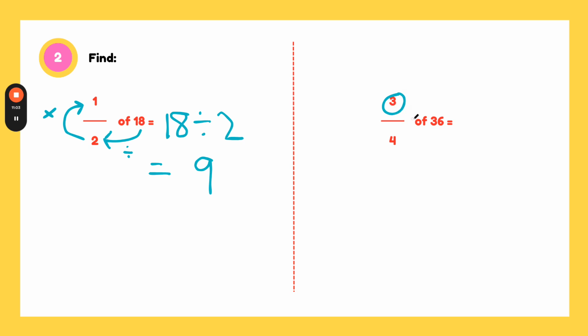So if you remember, when you have a fraction of a whole amount, you divide the whole amount by the denominator, and then the answer you get from dividing the whole amount by the denominator, you then multiply that by the numerator.